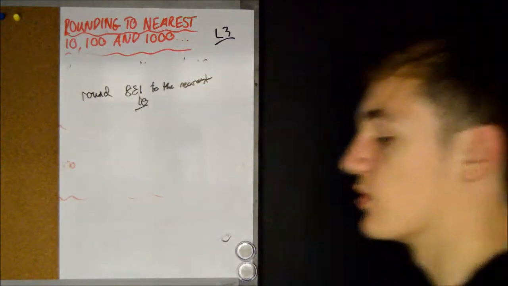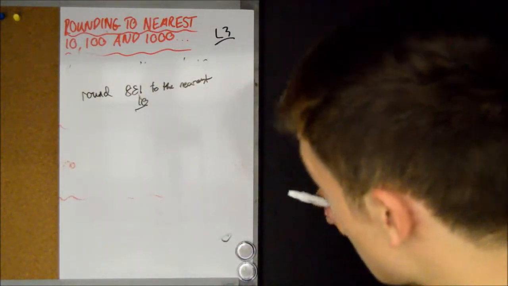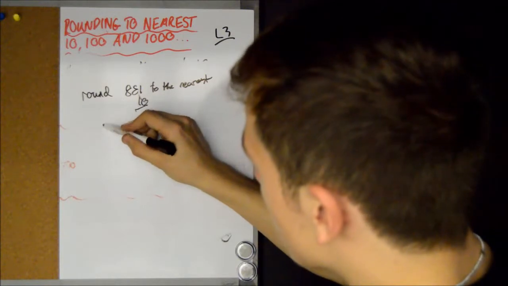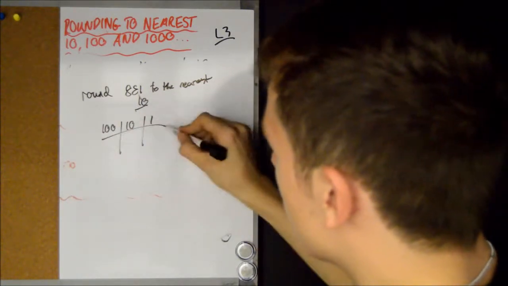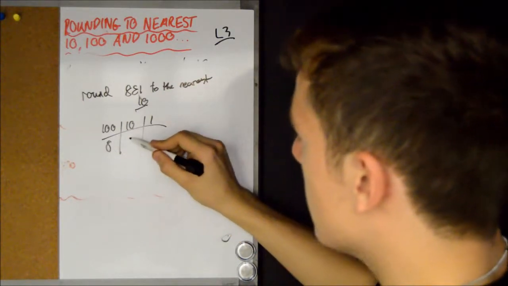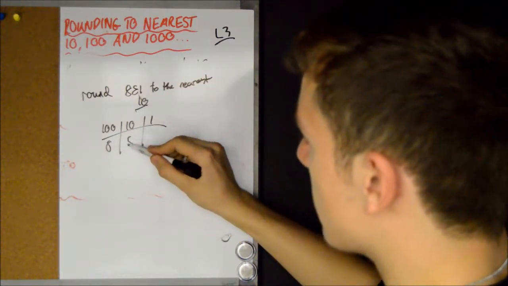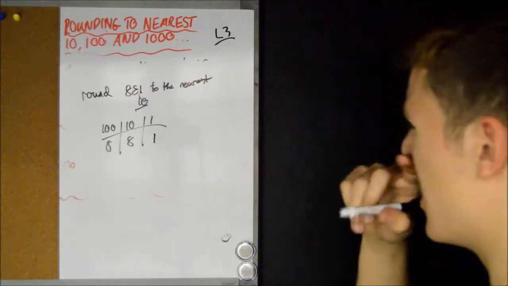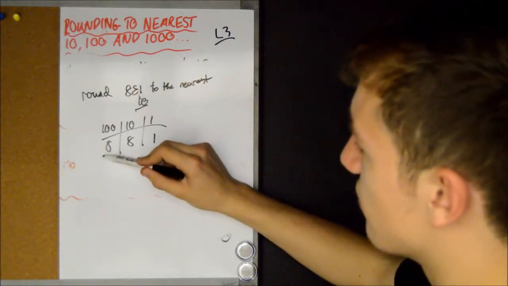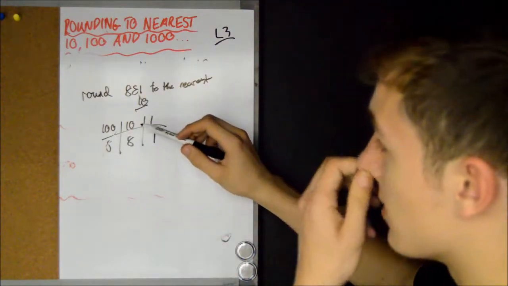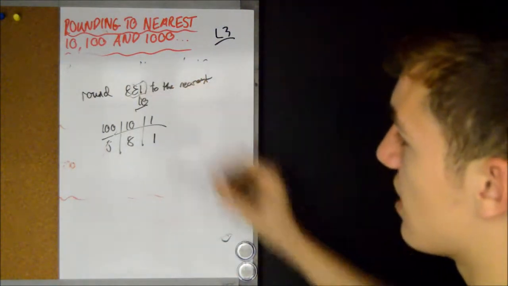You can do that if you want to, but we're going to do a much simpler way. We do hundreds, 10s, 1s. So we put our 8 in here, our 8 in here, and our 1 in here. And we look at the 10s column, so the hundreds does not matter right now. We'd only look at the 10s part of it.